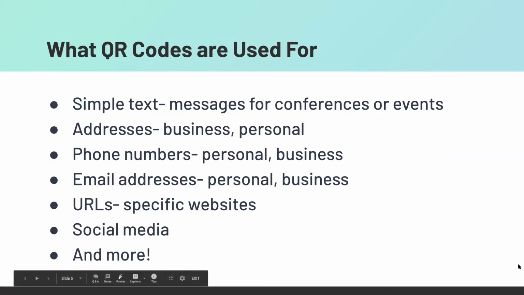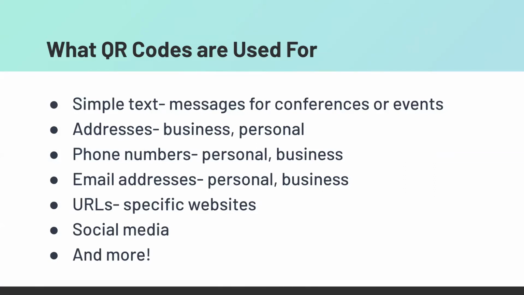So next, I'll be talking about what QR codes are used for. So first, you can use it for simple text. So if you want to have a message or a little blurb of text at conferences or events, it can be used for people to scan it and then that will come up.